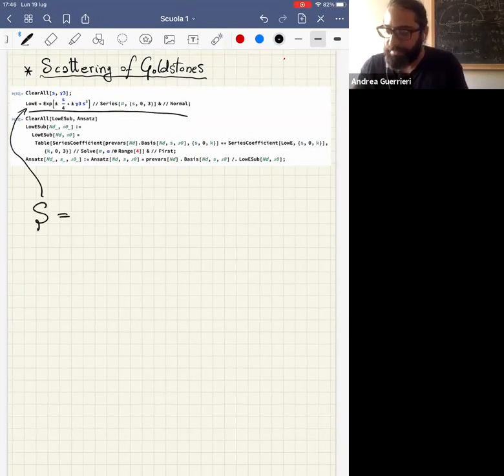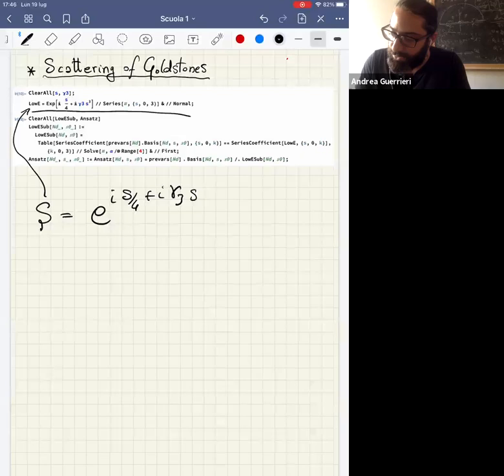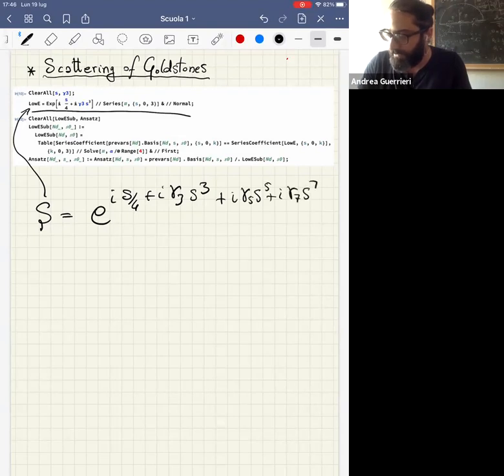We can package the soft behavior of the amplitude by saying that the S matrix behaves with a phase that is like e^(i s/4 + i gamma_3 s^3). Here I stop at s cubed, but this theory is elastic at very high orders. So in principle, there are many coefficients. Here there are at least 3 coefficients that can be defined, and then at order s^8 there is particle production.